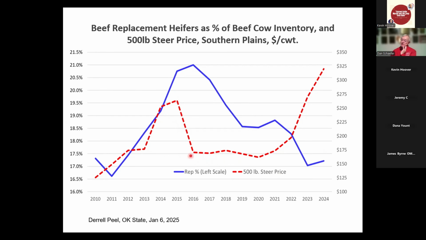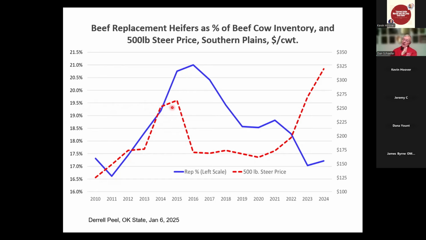And that unexpected rapid decline in weaned steer price was attributed to the fact that already in 2014, there were significant numbers of heifers being retained for herd replacements. So the replacement rate shown by the blue line and reflected on the left-hand scale indicated that there were a lot of heifers being retained following 2011.